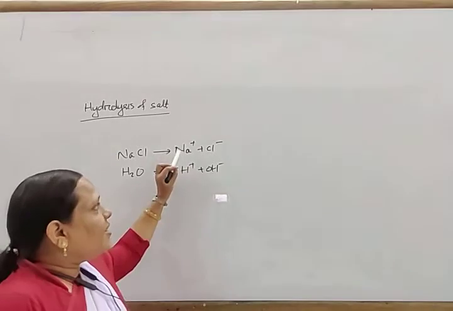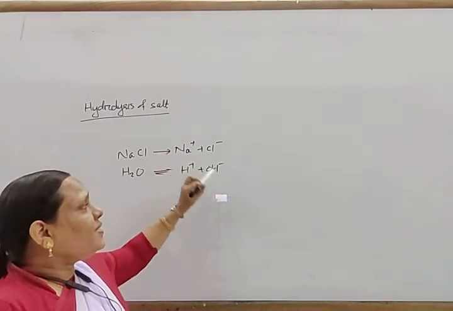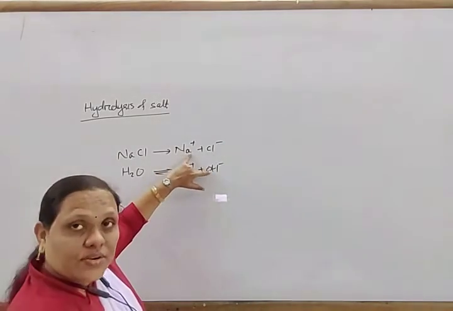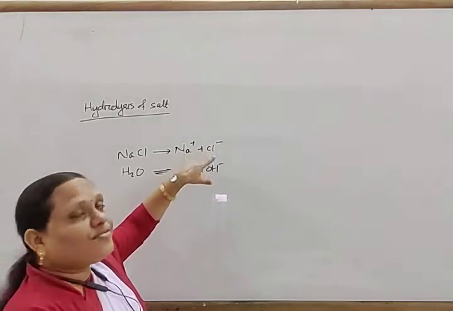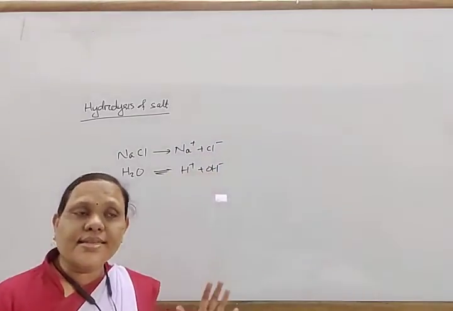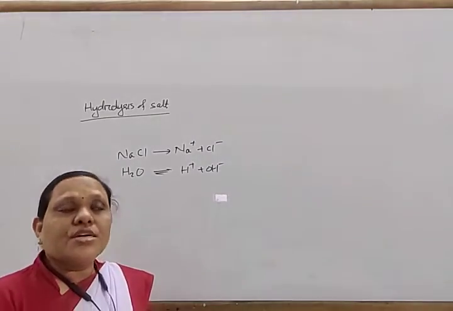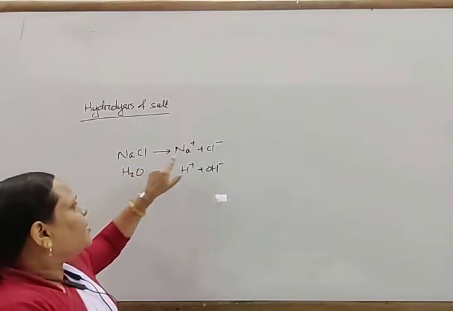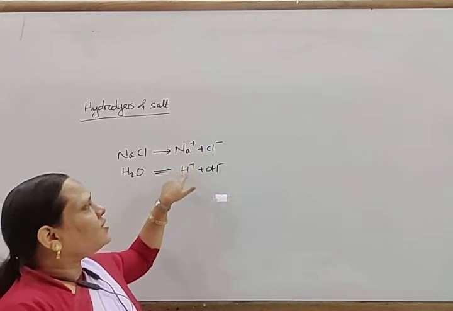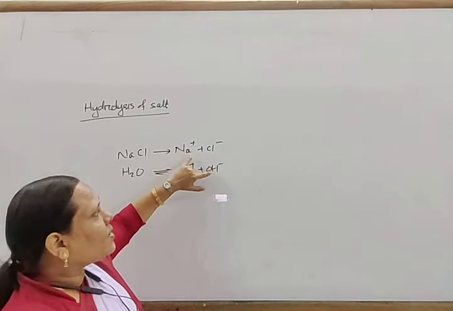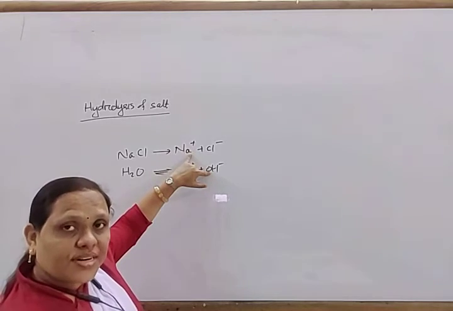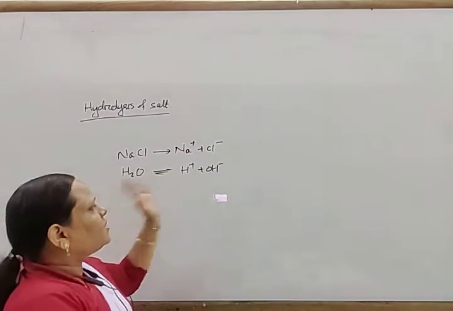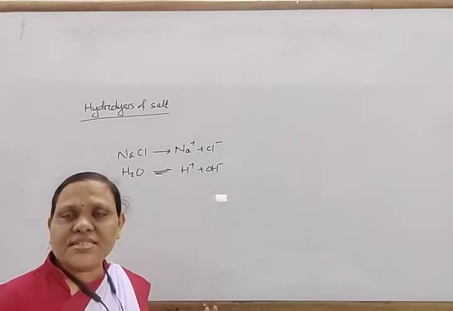So if Na+ and OH- form a strong electrolyte, they do not combine or react, and if they form a weak electrolyte, then they combine or react. In this case, Na+ and Cl- form a strong electrolyte, so actually they do not react. So here no hydrolysis takes place.